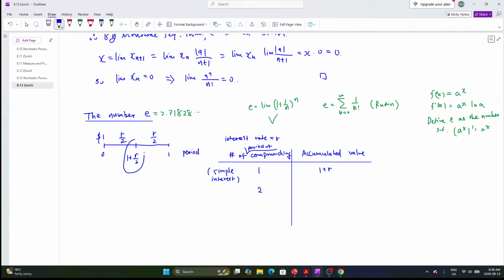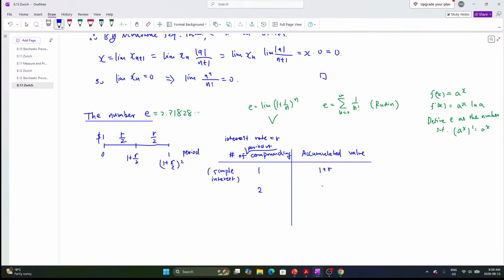You're just going to deposit the new principal, and every time you redeposit, after that period, it gets multiplied by a factor of 1 plus half R. So at the end, you get (1 plus half R) squared.